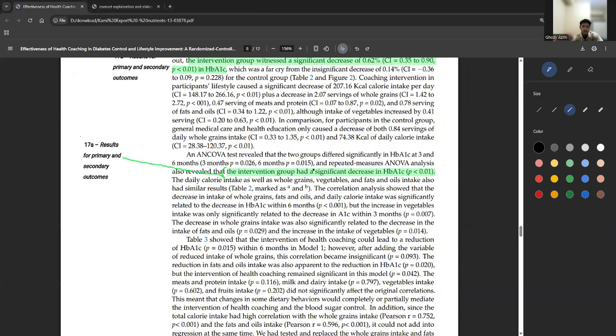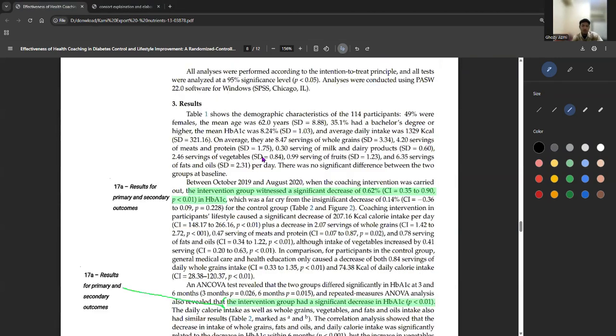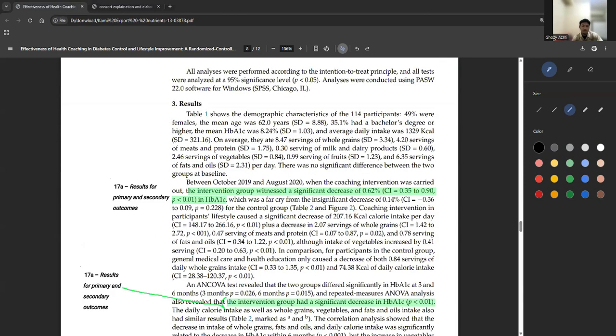Then the ANCOVA test has the same result, a decrease in HbA1c. And then we move to 17B, which is effect size and precision. The confidence interval and p-value are reported just like this, p below 0.001.